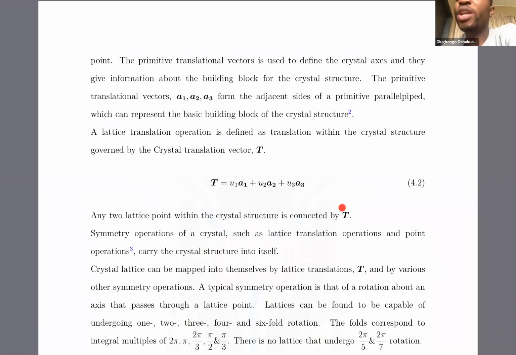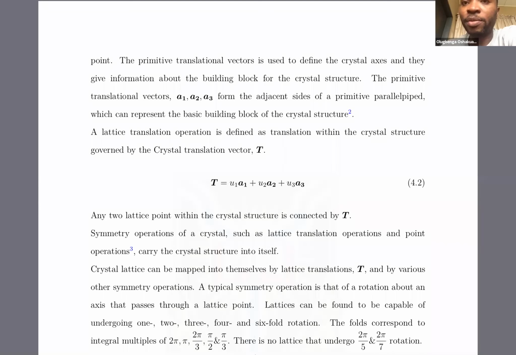So when you have a certain crystal, let's try to draw another crystal. Let's make it a little more beautiful.